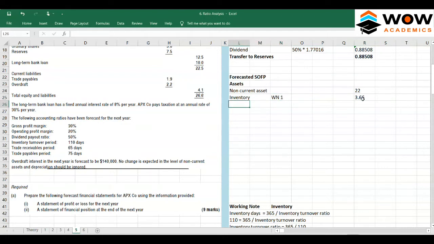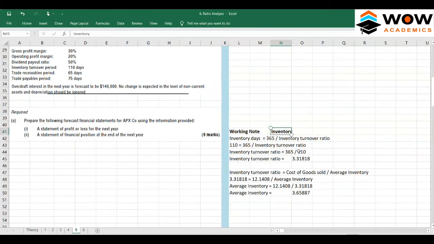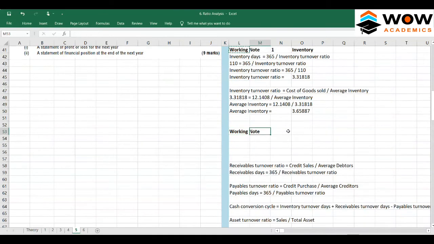The next item is going to be receivables. Receivables also we have to work out in the same way. It is going to be working note number 2. This is working note number 1. We have done that. Working note number 2, we can start.